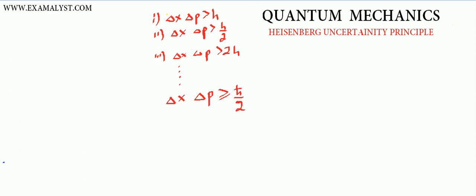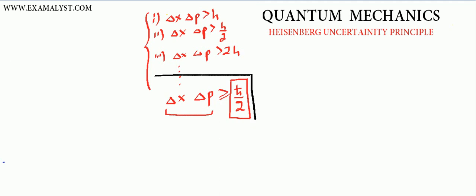It means there can be an infinite number of experiments where the product of uncertainty in position and momentum can be greater than h cross, etc. But the product of these two can never be less than this minimum quantity. Okay, that's why this is the most fundamental result of the uncertainty principle in quantum mechanics.